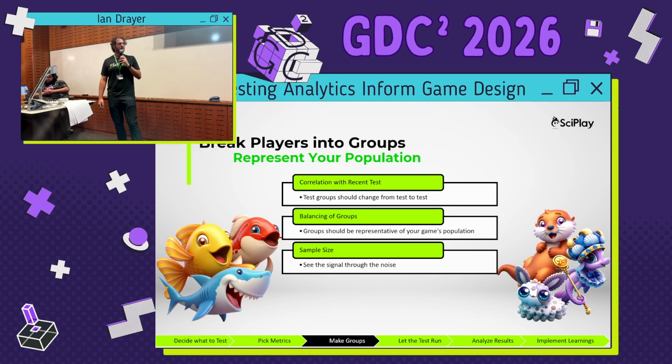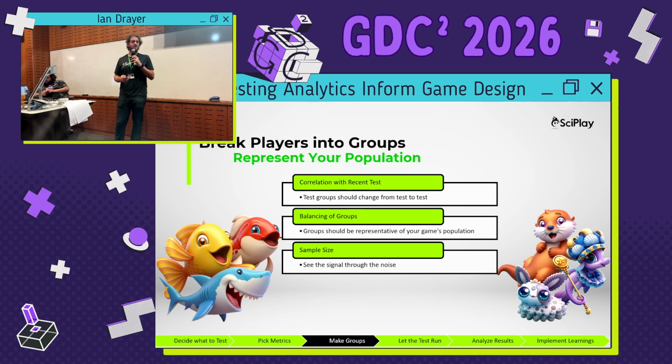With that sample size, also understand how many people within your group actually are affected by the test, not just exposed, but affected. One of the tests that we ran was removing caps on rewards for some of our most engaged players. And it turns out that only about 400 people a day were actually affected, capped by the already existing caps.